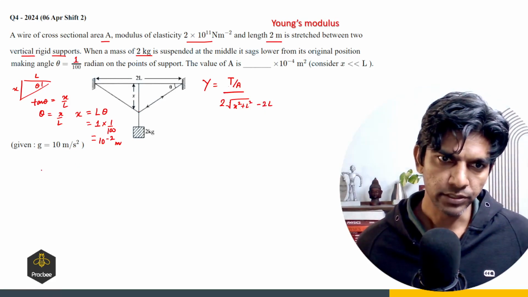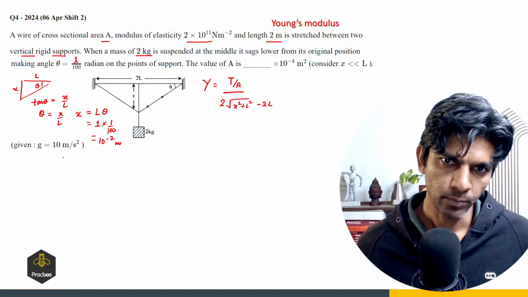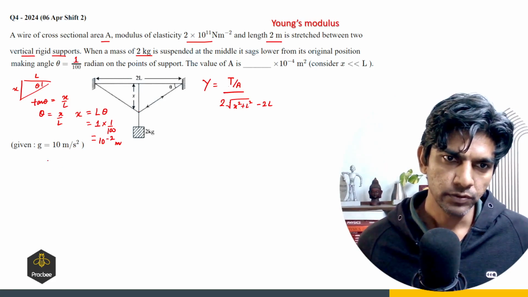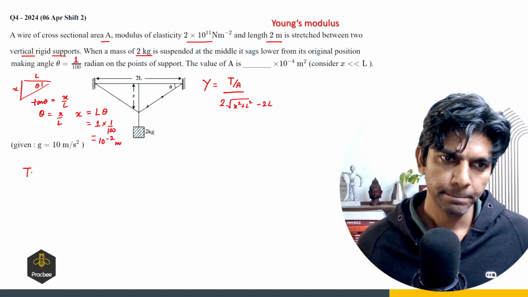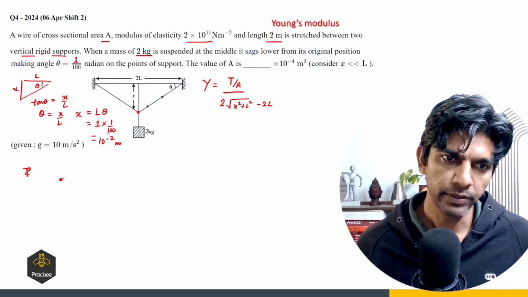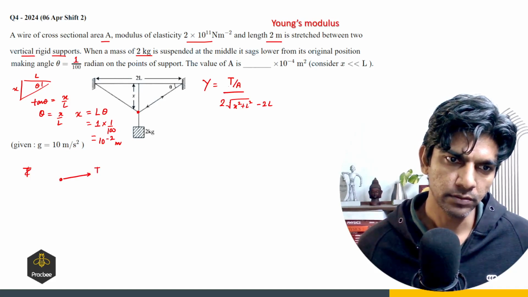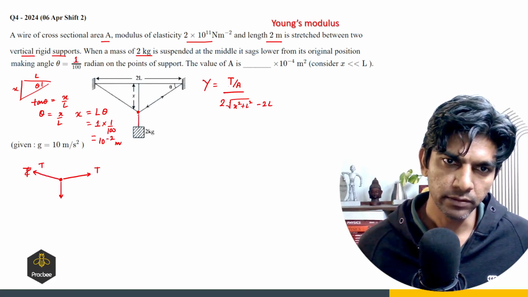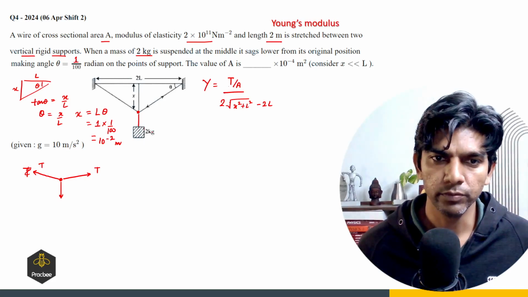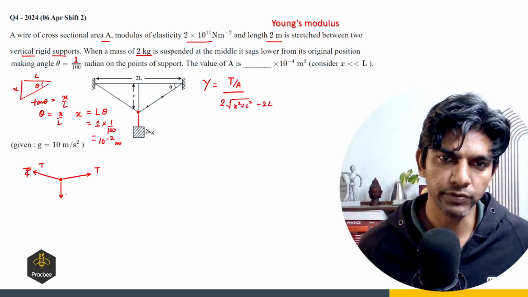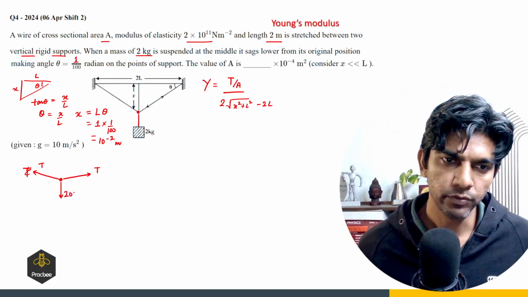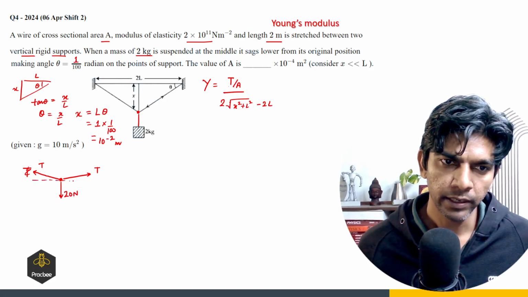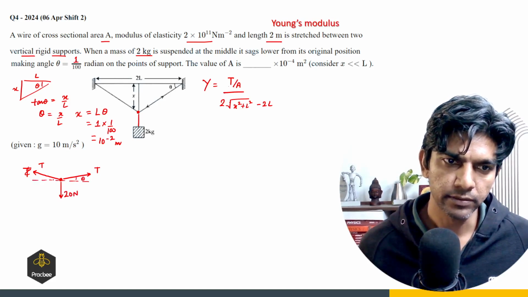So first let us find the tension. If I draw the free body diagram of this knot, there will be a tension in this direction, a tension in this direction, and there will be a weight. In this string, the tension will be 20 Newton because it is connected with a 2 kilogram block which is at rest, and this angle is theta.